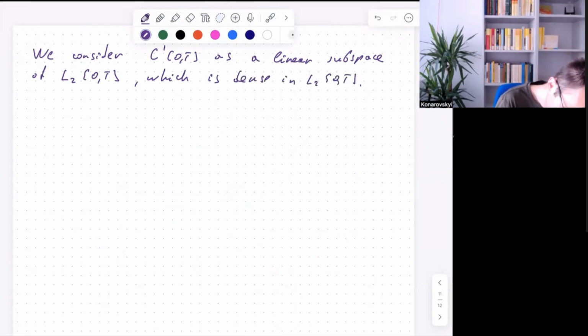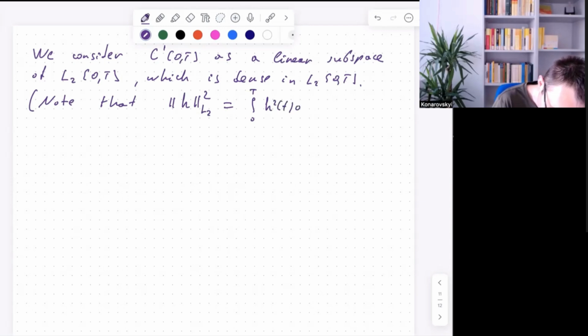Let's also note that the norm of h on this space L2, the norm square, is defined as the integral from 0 to t of h square of t dt.